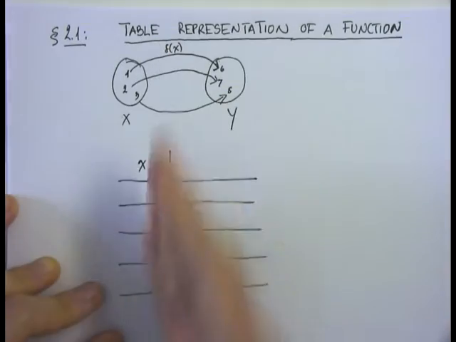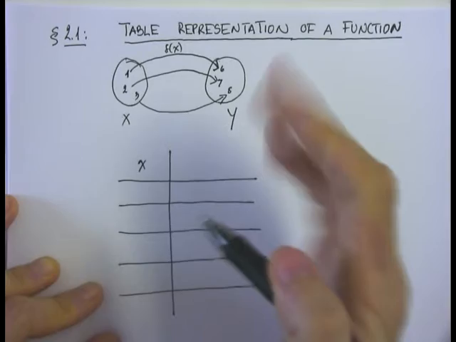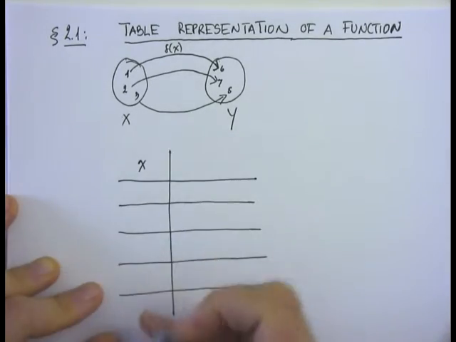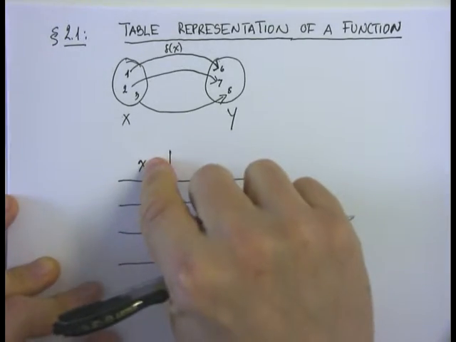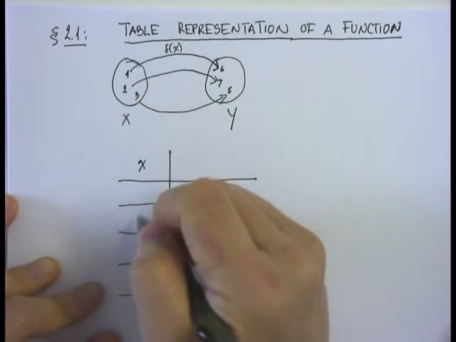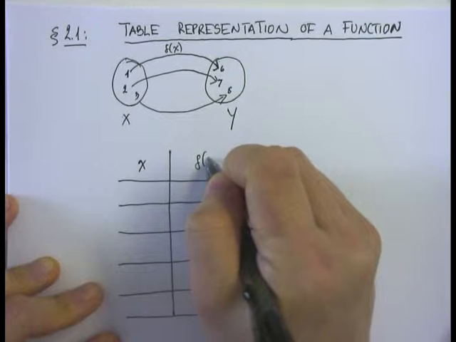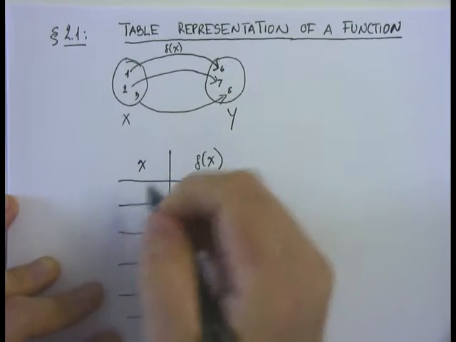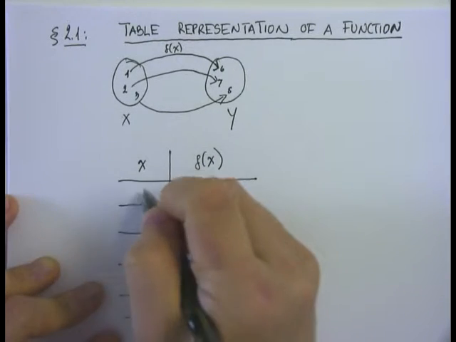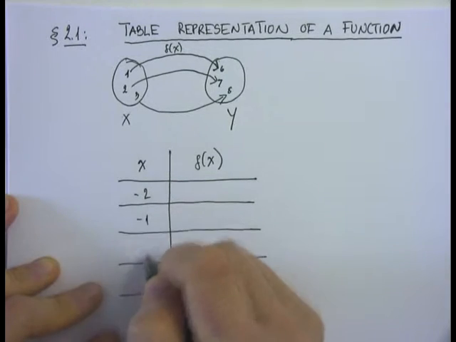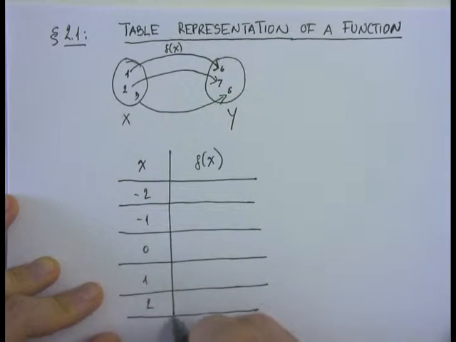on a table with two columns. One column is for the different input values, different items from the set x, and the other column represents the function's value. So, quickly, you can have -2, -1, 0, 1, 2, and maybe 3.